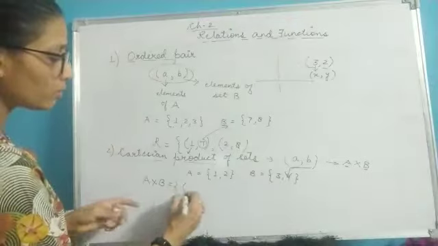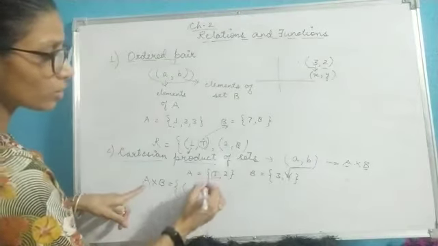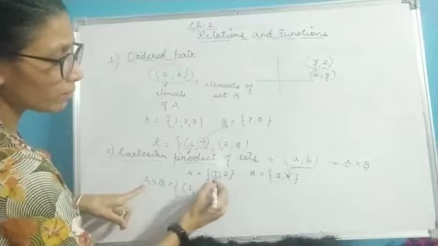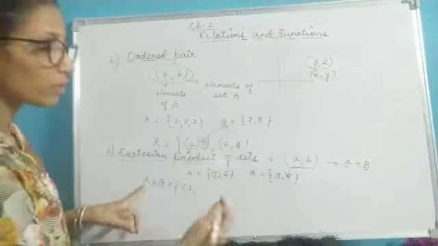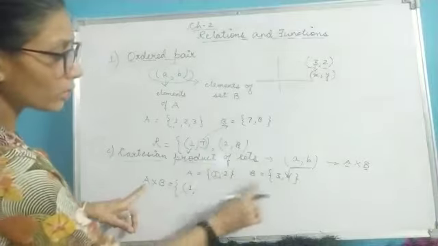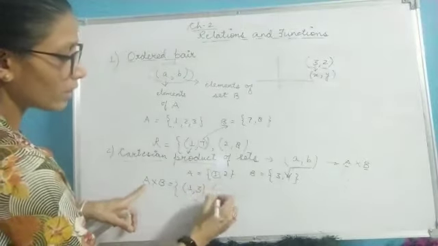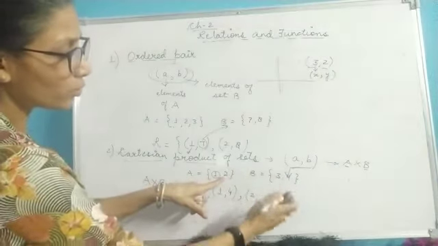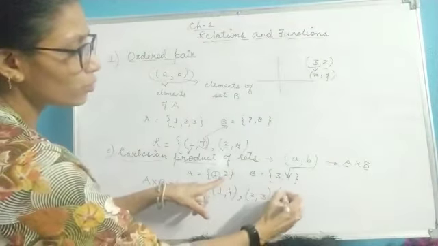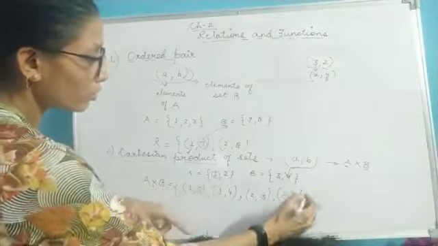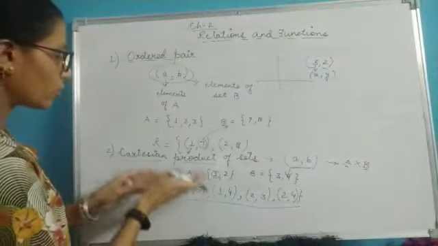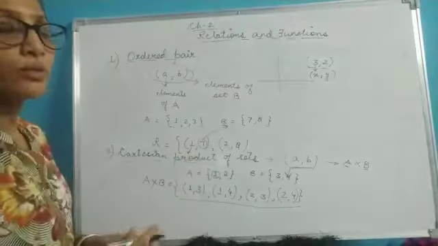Here it means we will be taking the elements of A, 1 and 2, and then pairing them with each element of B. That means (1, 3), again (1, 4). Now I will be taking (2, 3) and then (2, 4). So the collection of all the ordered pairs is known as the Cartesian product of sets.